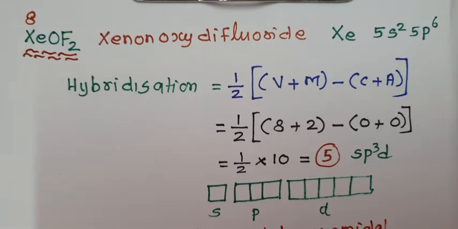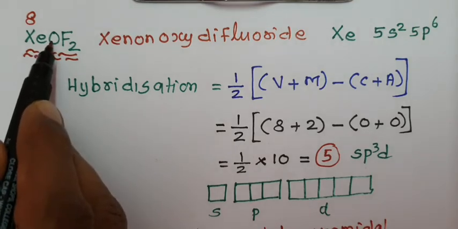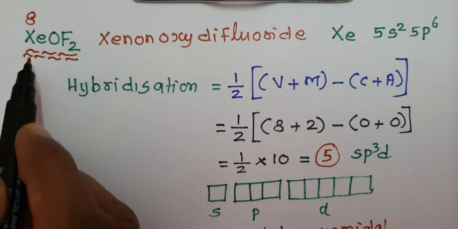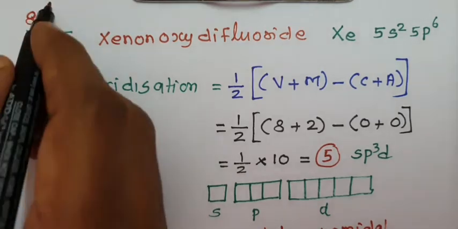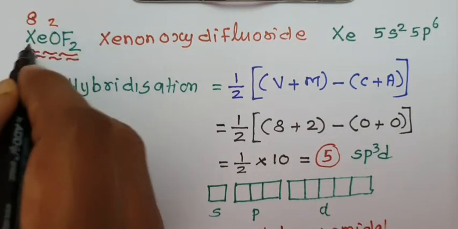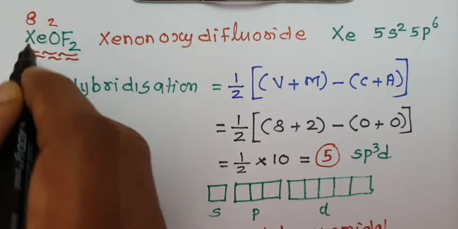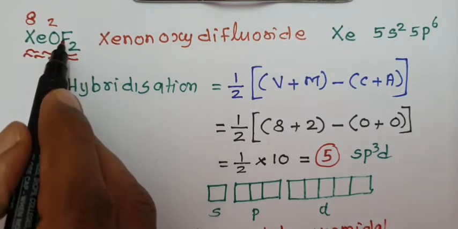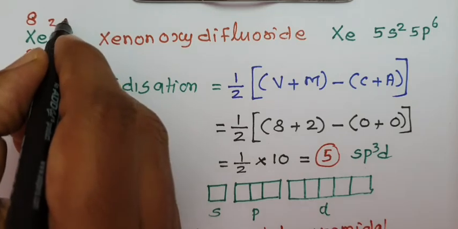Oxygen is divalent, therefore oxygen forms 2 bonds with xenon. Xenon shares 2 electrons with oxygen, 1 bond with each fluorine.